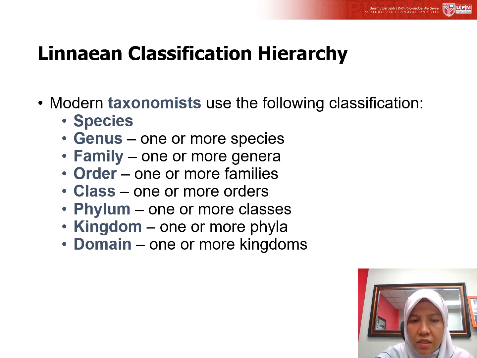A class is one or more orders. An order, one or more families. A family, one or more genera. And a genus is one or more species, and then the last one is the species. Or you can go vice versa, from species to domain.